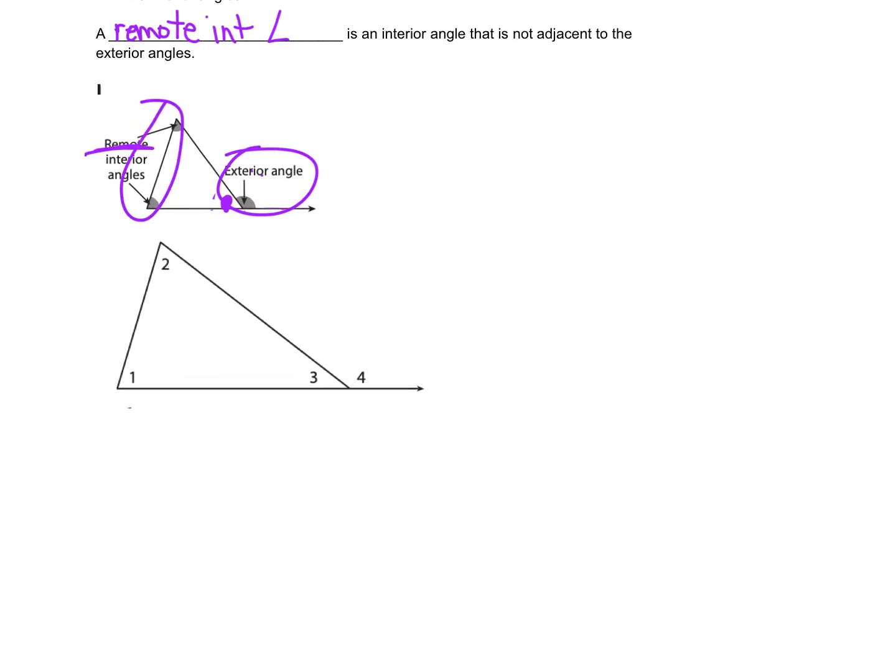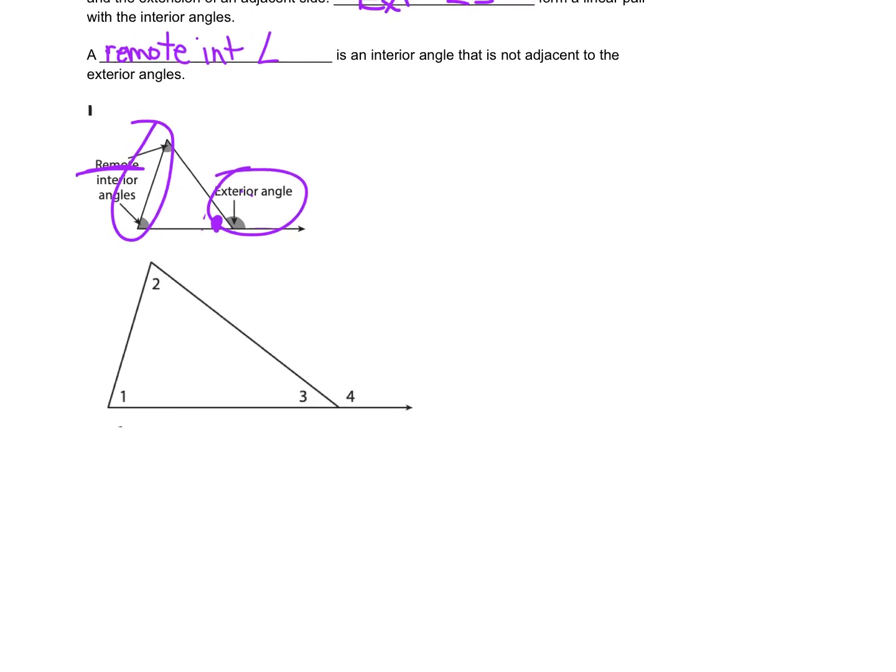So let's talk about the exterior angle theorem. But first let's write something down here. We know that angle 3 plus angle 2 plus angle 1 equals 180 degrees, right?